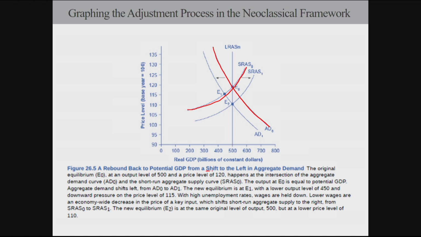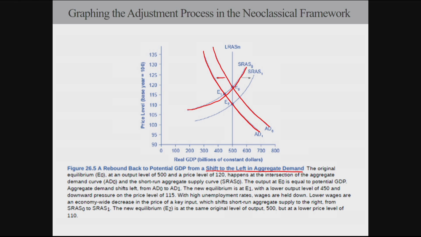Let's consider the effects of a shift to the left in aggregate demand. This is taken from the OpenStax textbook, where for whatever reason, suppose businesses and consumers suddenly become less confident. At any given price level, companies are going to spend less on investment and consumers less on consumption goods, so this moves to the left.